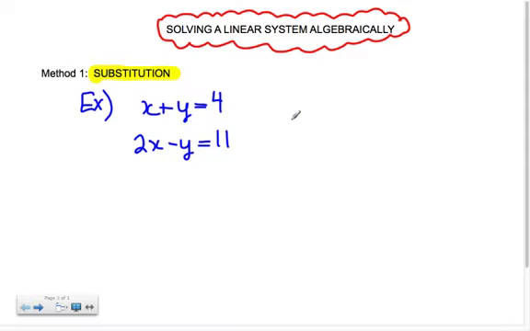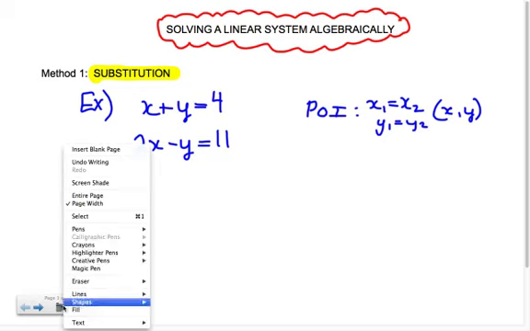The second thing I want to talk about is the point of intersection is the point where the x from equation 1 equals the x from equation 2, and the y from equation 1 equals the y from equation 2. In other words, it's the point (x, y) where that works for both equation 1 and equation 2.